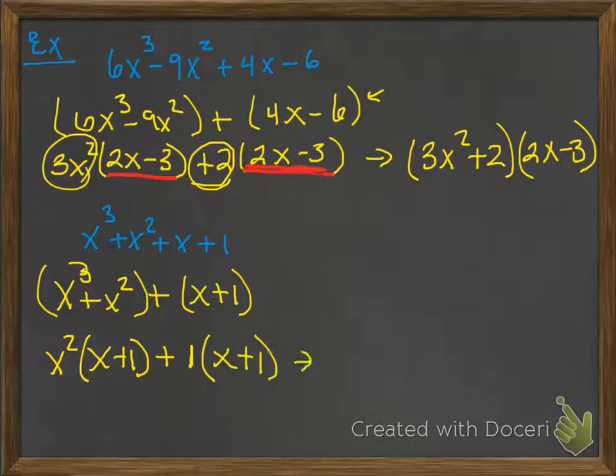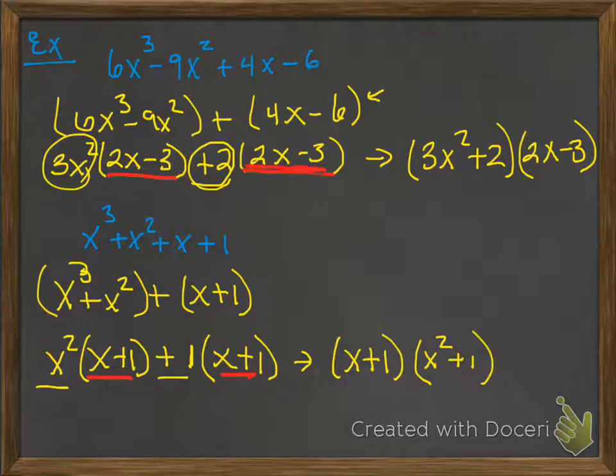So notice they have this x plus 1 in common, so that's one common factor. And let's actually write that first. And then I'm going to take this x squared and use that part right there, plus 1, as my grouping.